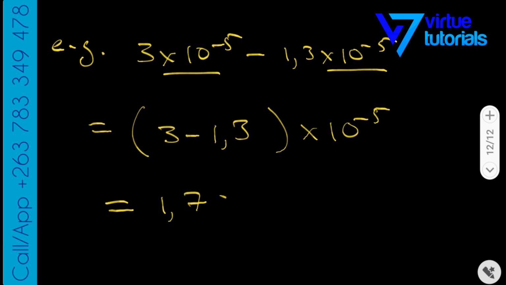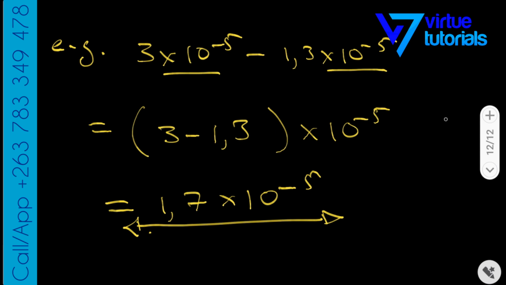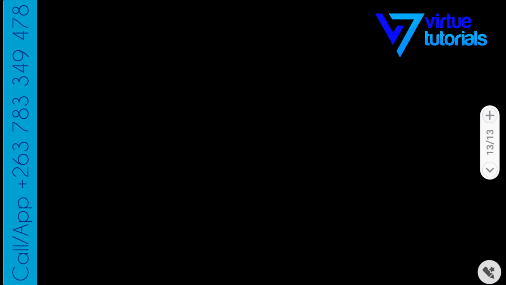Then we can bring that in times 10 to the power minus 5. So when these powers are the same, it's quite simple. You simply factor out. But you can have situations where one of them is smaller, so let's proceed to that.